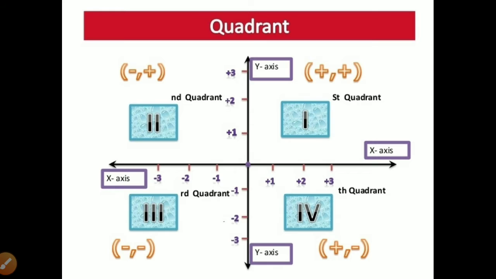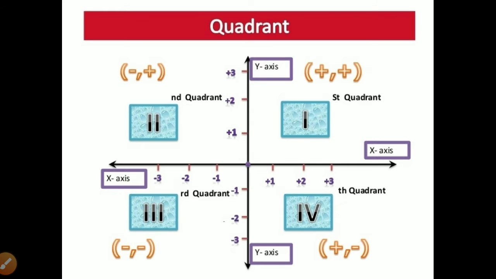In the fourth quadrant, the first value is positive and the second value is negative. These quadrants are very important, and you will get questions based on them in higher classes. You will also use such quadrants in trigonometry.